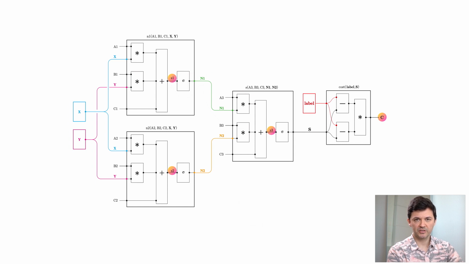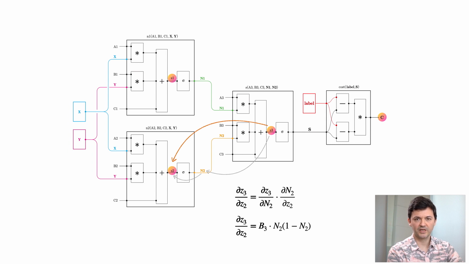Finally, what would be the partial derivative of Z3 in terms of Z2? Well, it equals delta Z3 over delta N2 times delta N2 over delta Z2. The first term is equal to B3, and the second term equals, just like before, N2 times 1 minus N2.